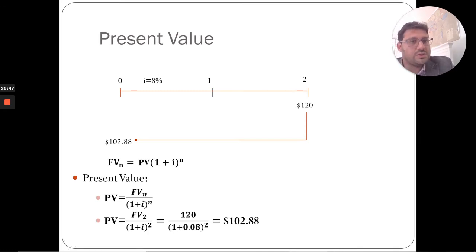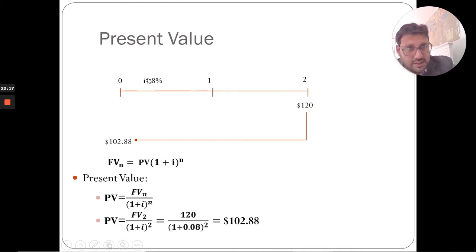So now, obviously, the question is how much you need to deposit today in order to get $120 after 2 years. This $120, in which interest is added, is the future value. This is the value of the cash flow which you will get in the future, and in that $120 is the interest added at 8%.